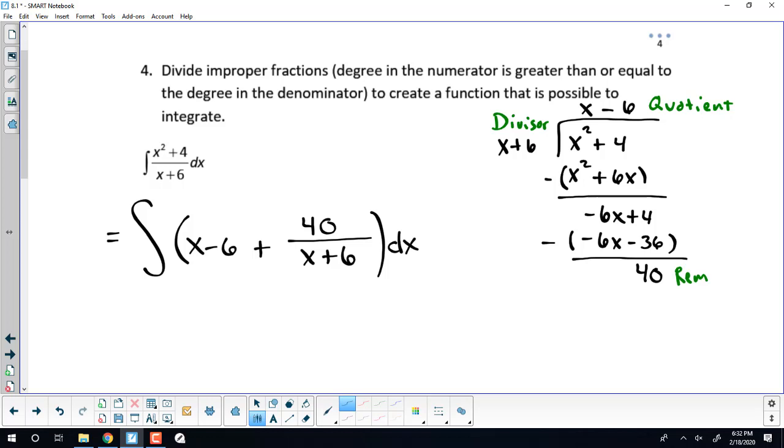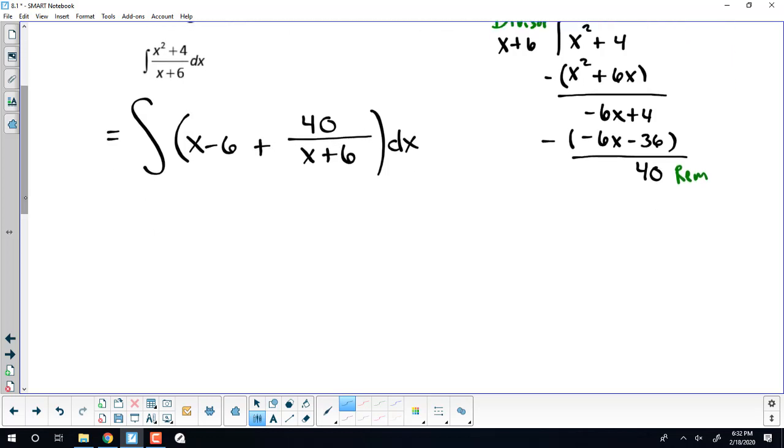That's another logarithm form right there, right? Derivative of x plus 6 is 1. So you already have that. The 40, you just think about it as a constant. So x squared over 2 minus 6x plus 40 times the natural log absolute value of x plus 6, all plus c.